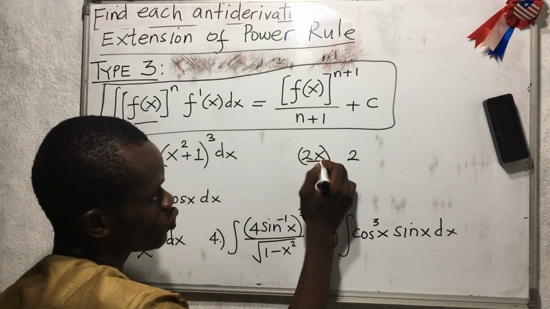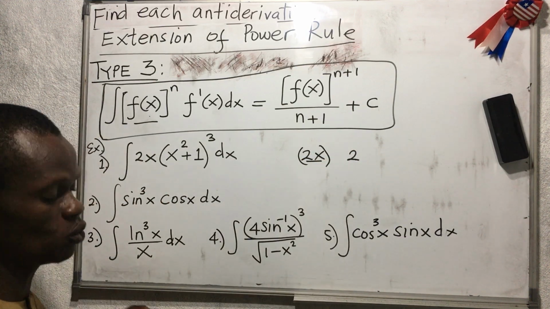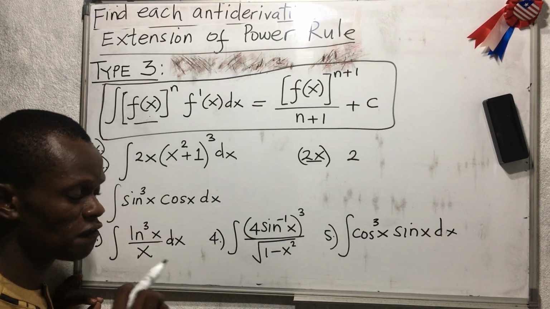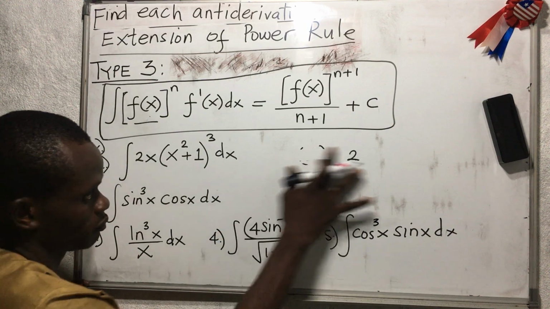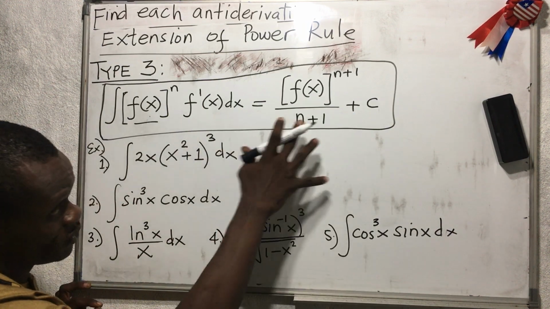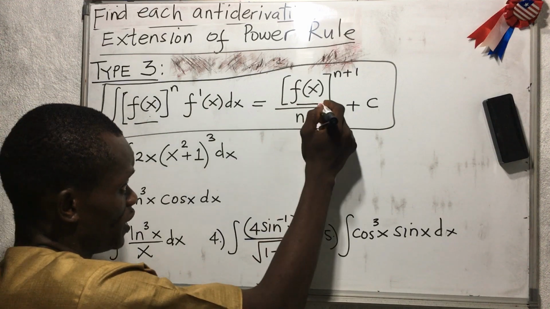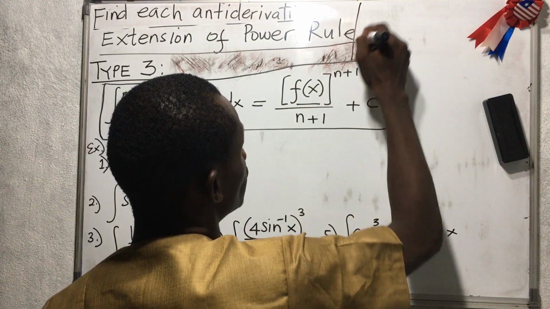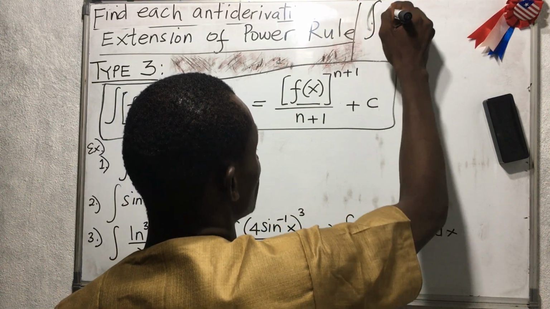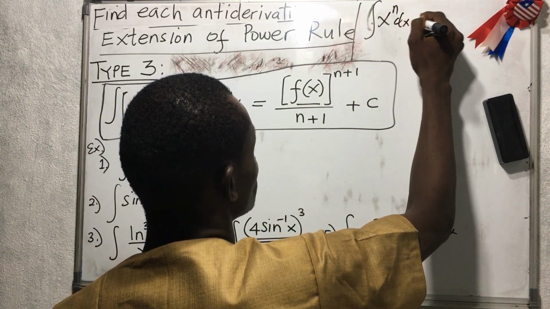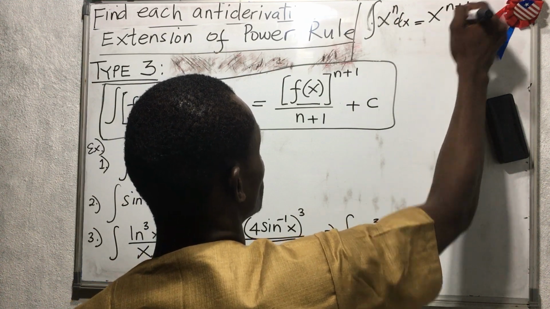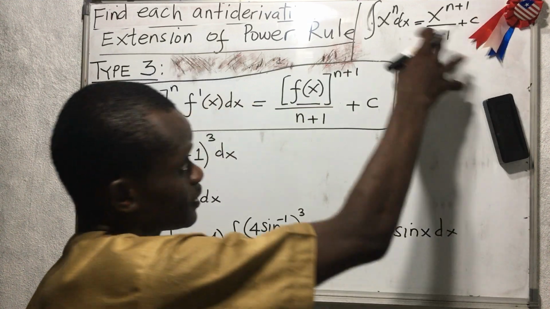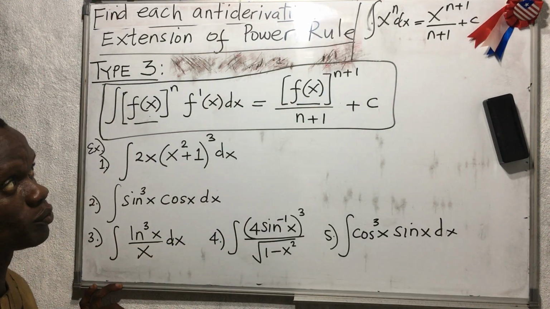Remember, if you differentiate this 2x you get 2 using the derivative rule. So now the rule says if you see such a function in that form, you can just rewrite your answer as the function raised to the power n plus 1, the same way as using the power rule. The integral of x to the power n dx equals x to the power n plus 1 over n plus 1 plus c. It's just the same way of using the power rule.